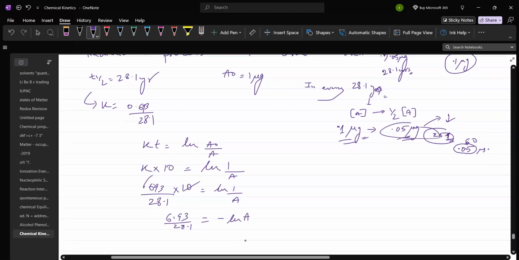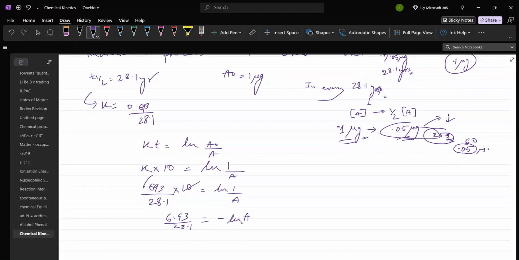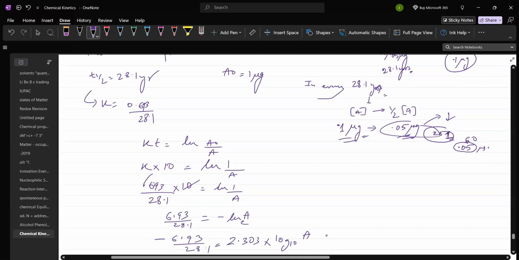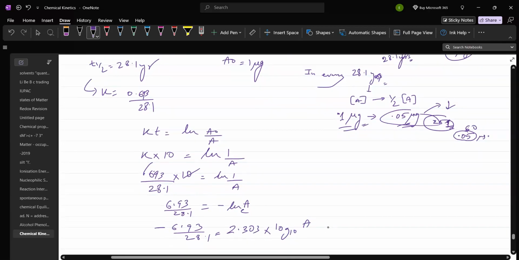So it is like e. We will convert this into 28.1 into log of a times 2.303. Obviously, minus will come here: 2.303 log base 10 of a.